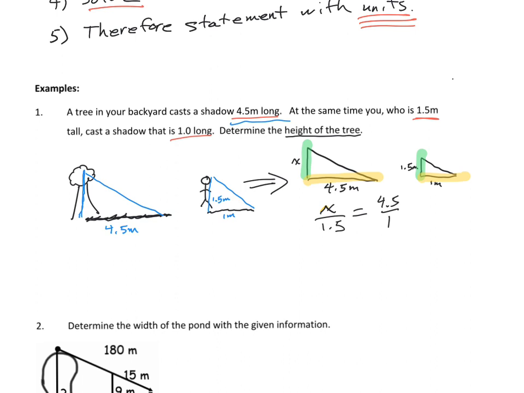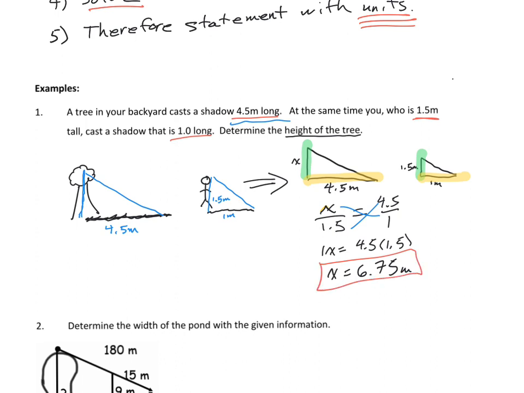Now, let's cross multiply these two in order to solve for x. So 1x is equal to 4.5 times 1.5, and 1x is just x, so we end up with 6.75 meters as our final answer.